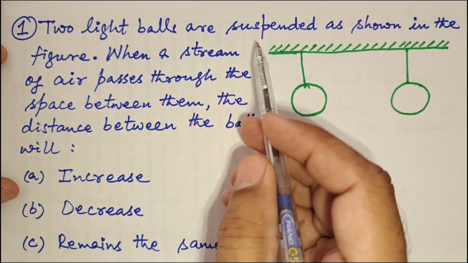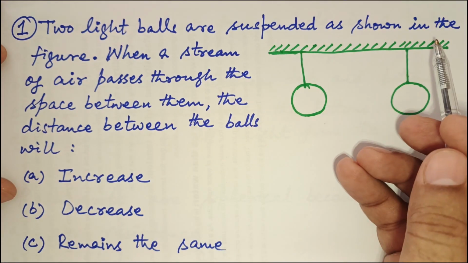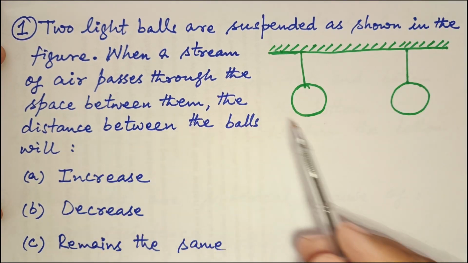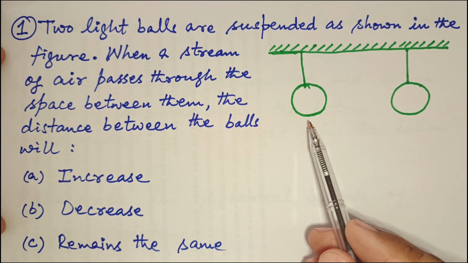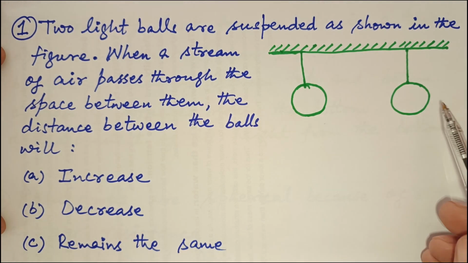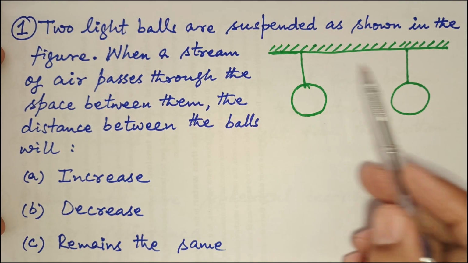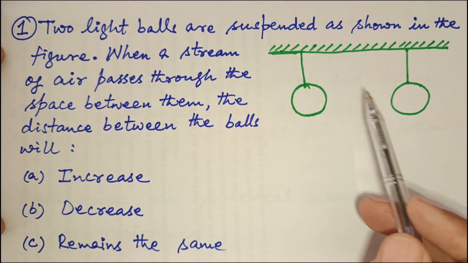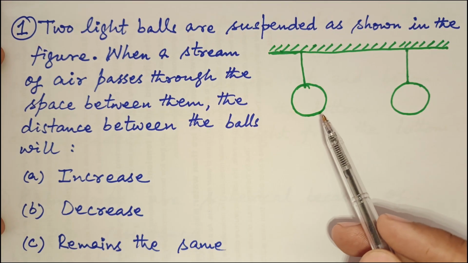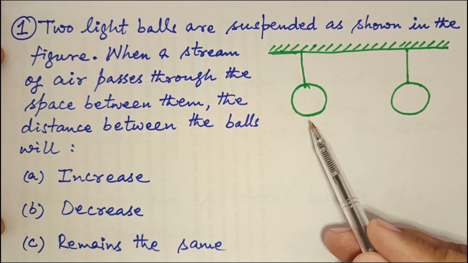Two light balls are suspended as shown in the figure. We have a figure. You can see that there are two balls. One is this one, other is this one. They are suspended with a rigid support, and these are light balls, means their masses are very light.